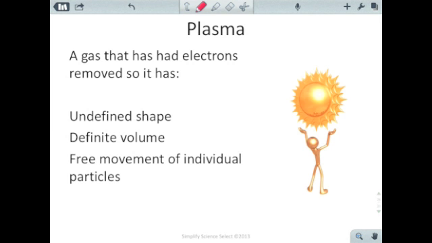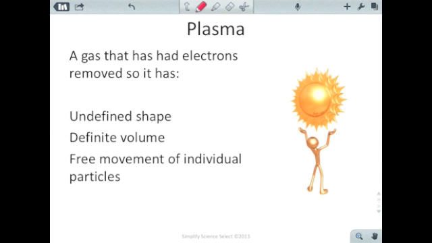Now, the main difference between a gas and a plasma is that a plasma has fewer electrons in it. When we're ranking our phases, solid is the most dense, and then we have liquid, then gas, and then plasma.